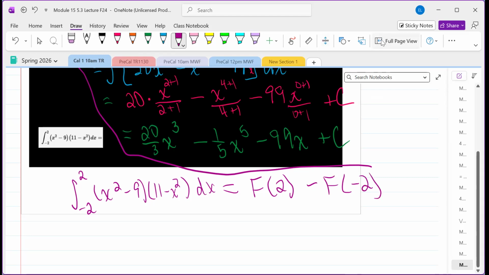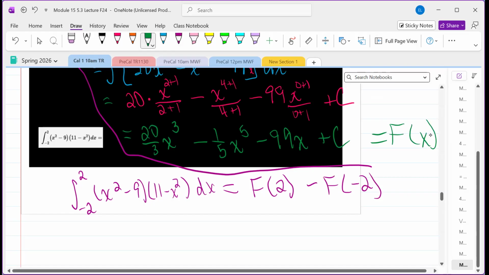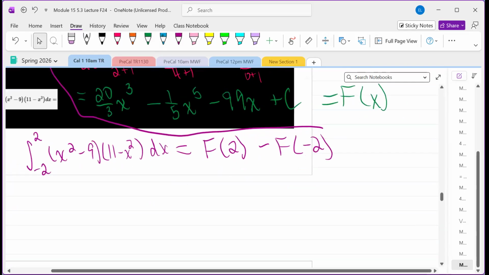So I'm going to take that function that I just found up here. That is my antiderivative formula. I'm going to take 2, plug it into that whole thing, and then I'm going to take -2, plug it into that whole thing, and then subtract the results.